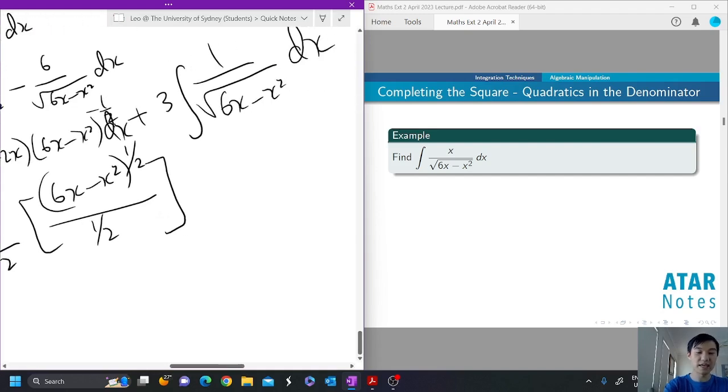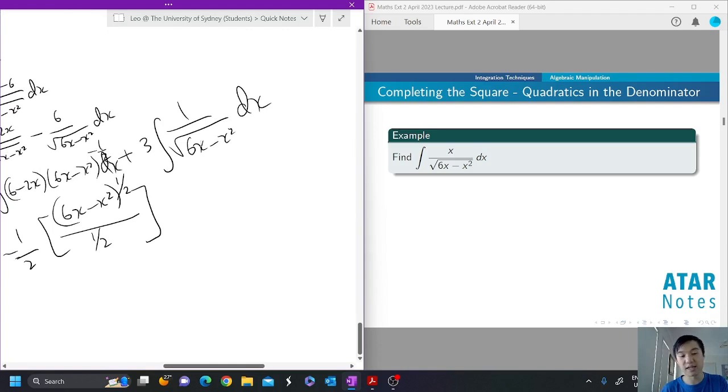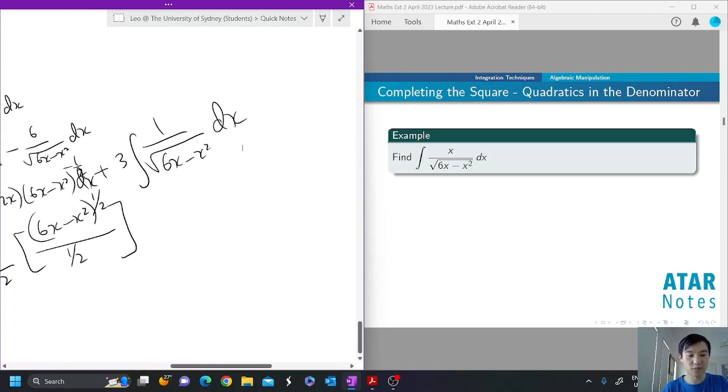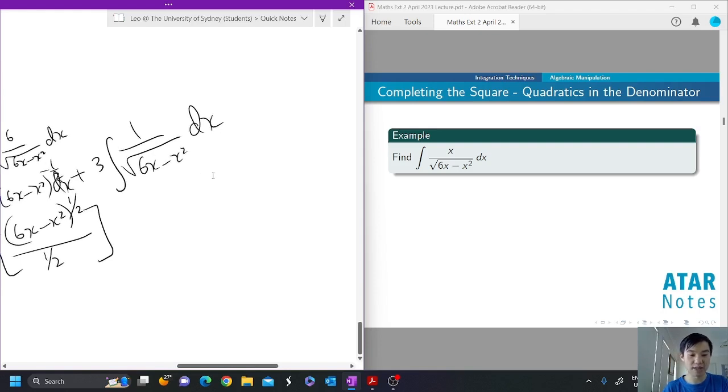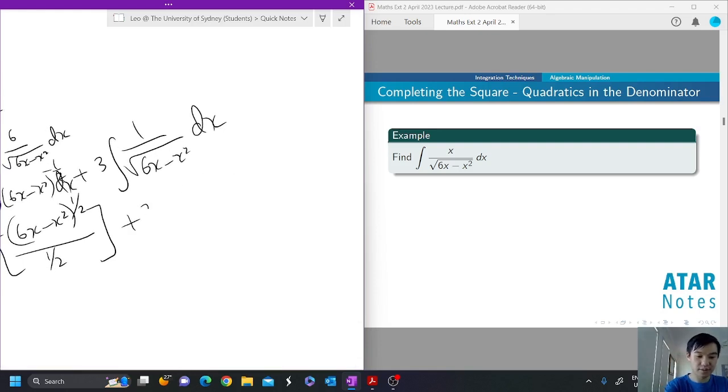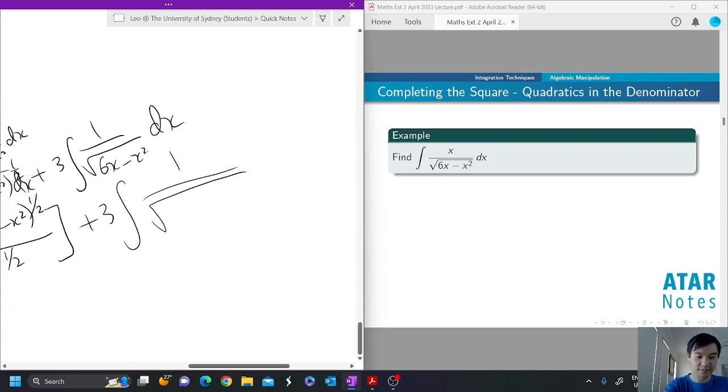But then over here, we see we've got a 6x minus x squared. So what I'm going to do is try completing the square.